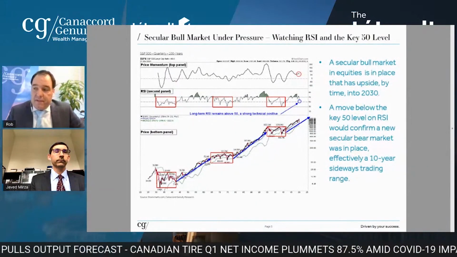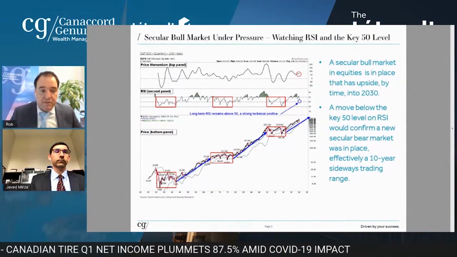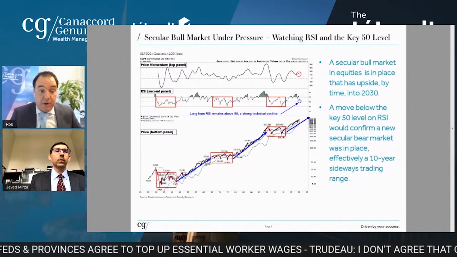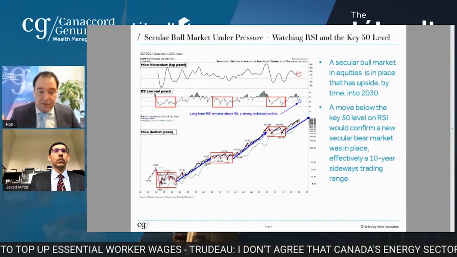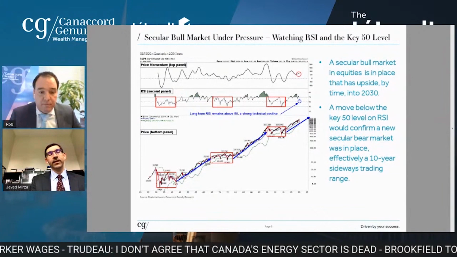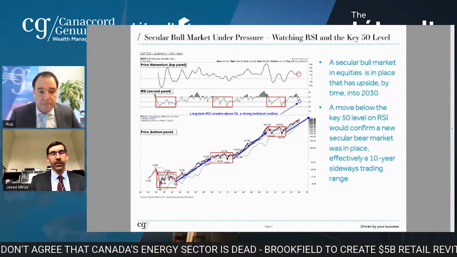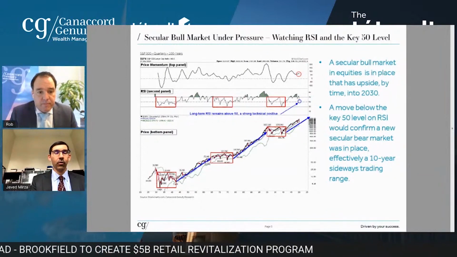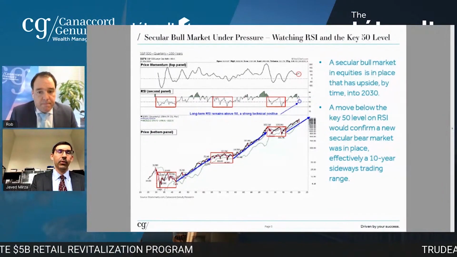Now, how long would something have to dip below 50 in your view for you to raise the alarm bells, thinking we might be in a secular bear market based on this indicator alone? Yeah, I'm a CFA charter holder, and anyone who's done the CFA course knows they talk about Mosaic Theory.